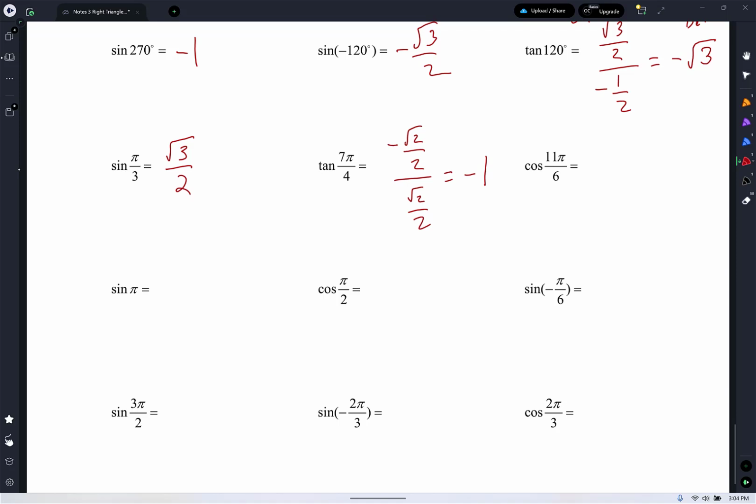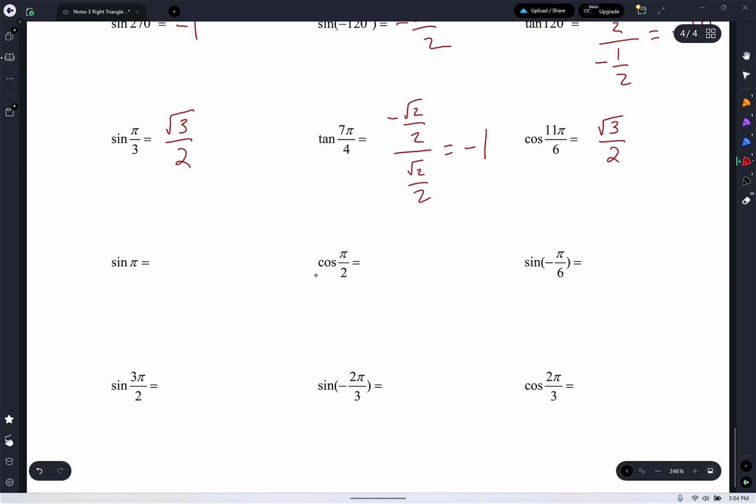Cosine of 11 pi over 6. Perfect. Sine of pi. Yeah, 0. Cosine of pi over 2. Now we're just switching from degrees to radians. Now we're in radians.